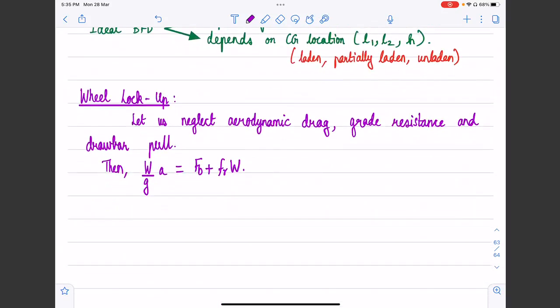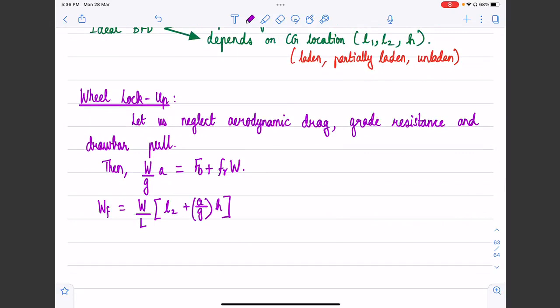And one can easily derive the equations for Wf and Wr as the following. I leave this as an exercise for you to do. You don't need to submit it, but please repeat the same exercise, and you will see that Wf becomes W by L times (L2 plus a by g times h).